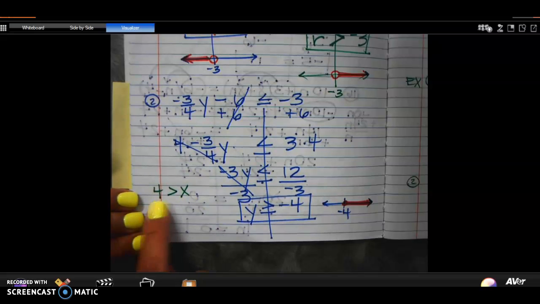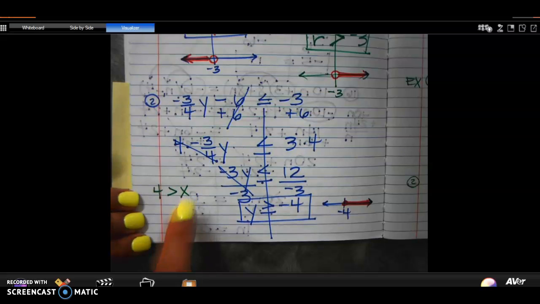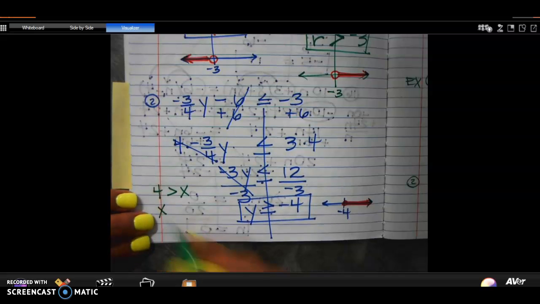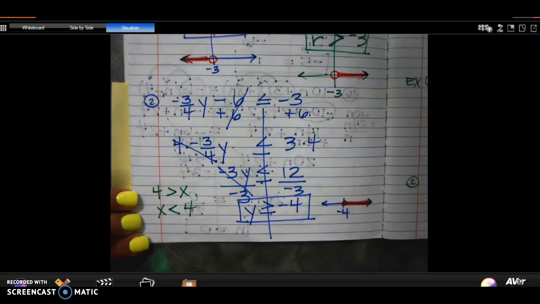But if we rearranged and we had the variable on the right side, in order to understand it better, we would need to rewrite it. So x, I want x to come first. If the point is facing to x when we rewrite it, it still has to face x, right? And then 4. So these are the same, just rewritten in a different order, okay?